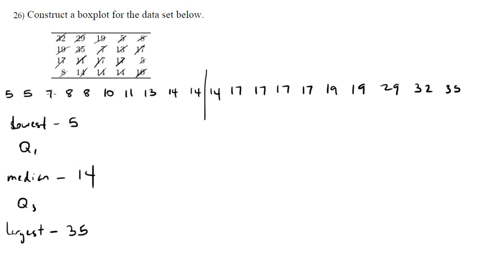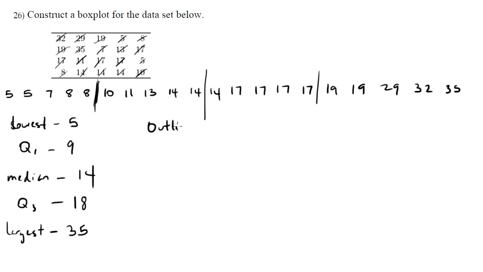My first quartile is the average of 8 and 10. So 8 plus 10 is 18, divided by 2 is 9. Same here. My Q3 is right in between 17 and 19. 17 plus 19 is 36, divided by 2 is 18. 5-number summary is done.